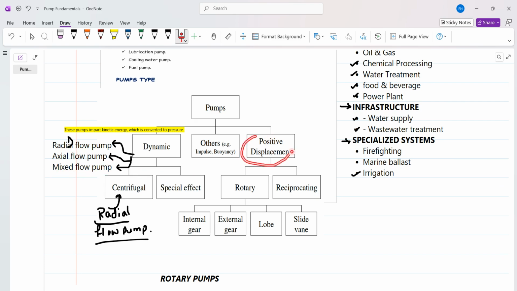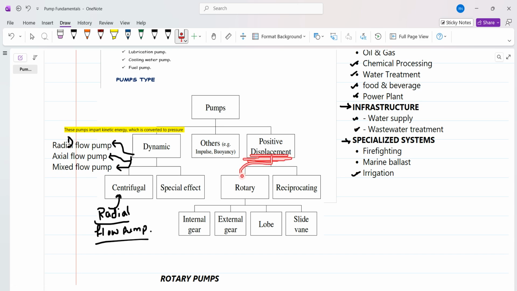In the radial flow pump, energy is added to the liquid in the radial direction, and in the axial flow pump, energy is added to the liquid in the axial direction. The mixed flow pump is considered as both radial and axial direction.